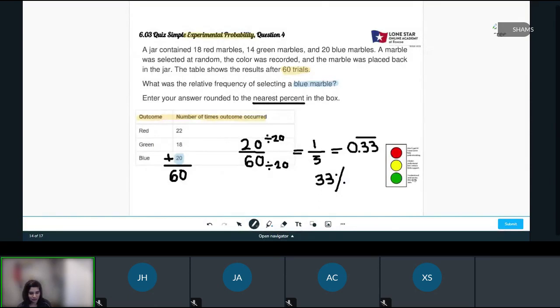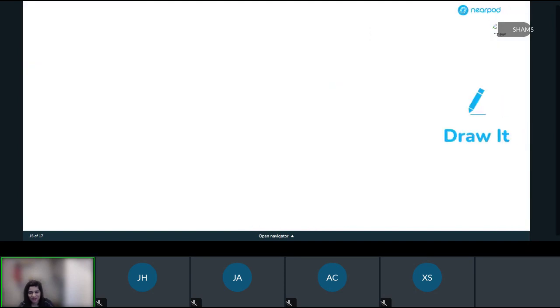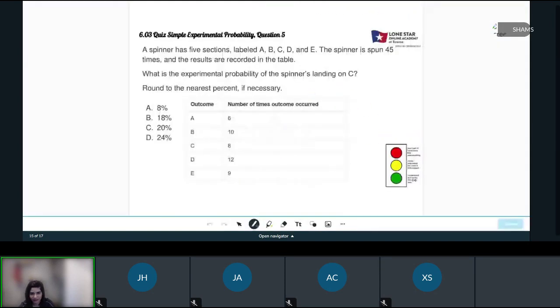Are there questions before we move on to question 5? Question 5 is very similar to question 3 and question 4. No new technique, no new strategy in questioning. Here is question 5, variety 1.